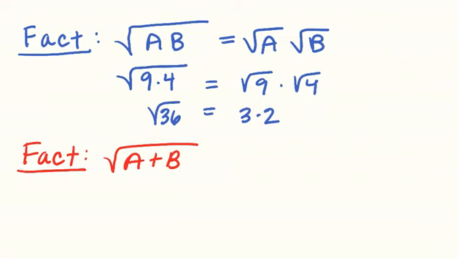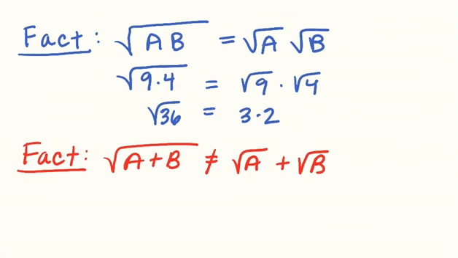Another relevant fact is that the square root of the sum is not the same as the sum of the roots. You cannot just say that's root A plus root B. It seems like this is a more common error for y'all to make than saying A plus B squared is A squared plus B squared. I'm not really sure why. It's the same idea. It is tempting, and I'm telling y'all, don't do this.